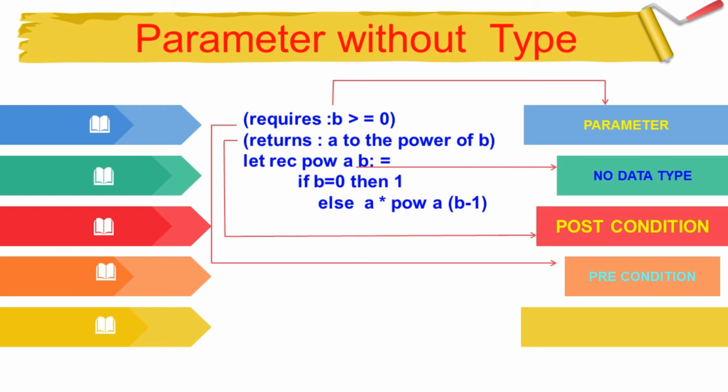Else a asterisk power of a, b minus 1: here a is multiplied with another expression by using the asterisk operation. So a must be an int. This is a simple example of multiplying an int with an int.